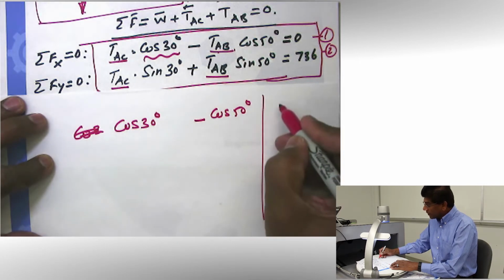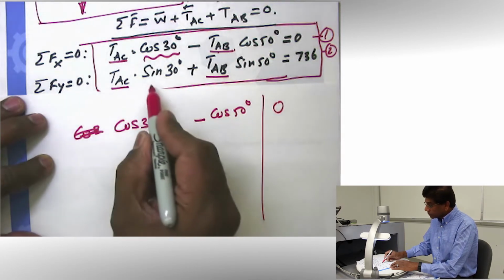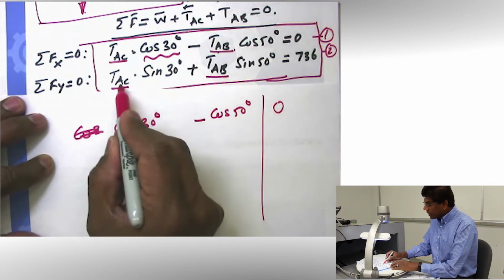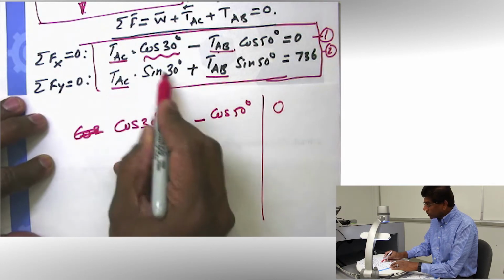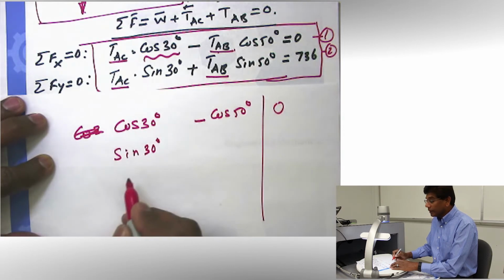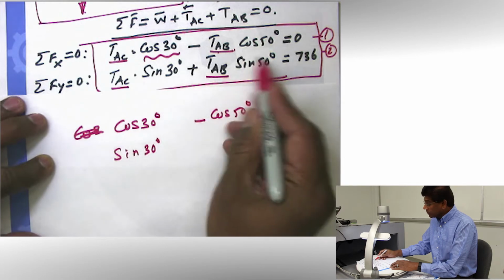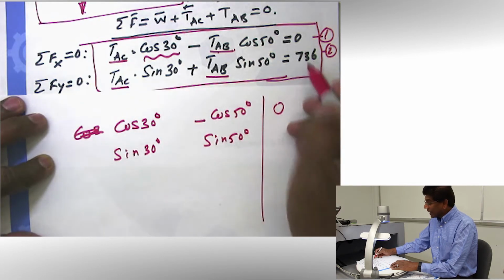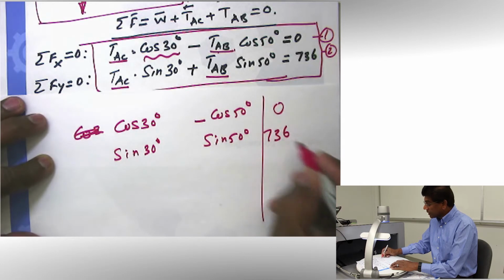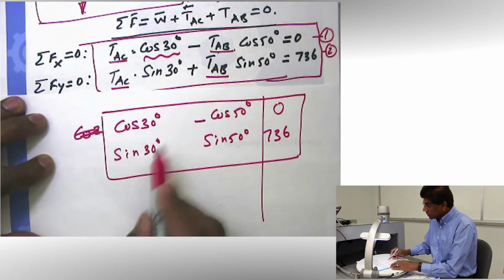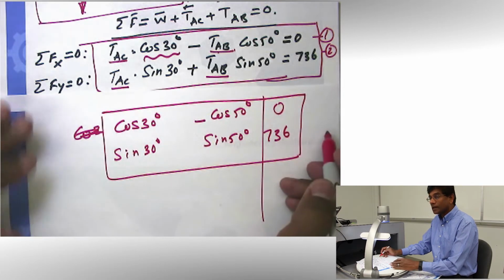And then the right-hand side of that equation is going to be 0. Next equation, tension in cable AC is here, which is an unknown, and the coefficient is sine 30 degree. Next term, the coefficient is sine 50 degree, and the right-hand side is 736. This is your matrix. This is the coefficient. This is your right-hand side.